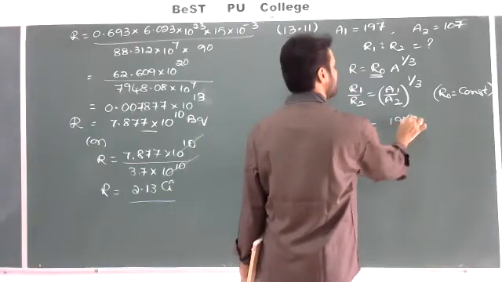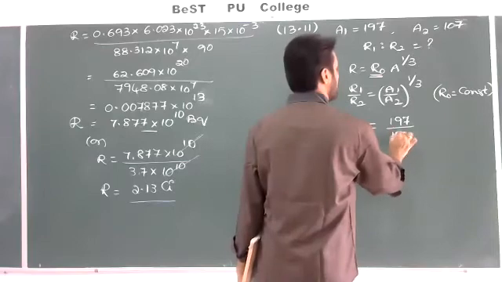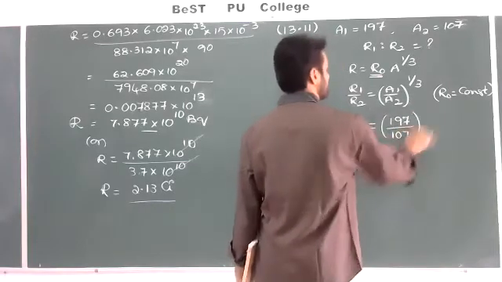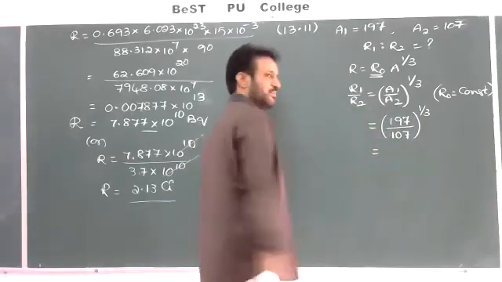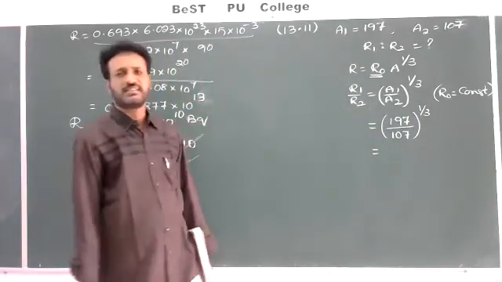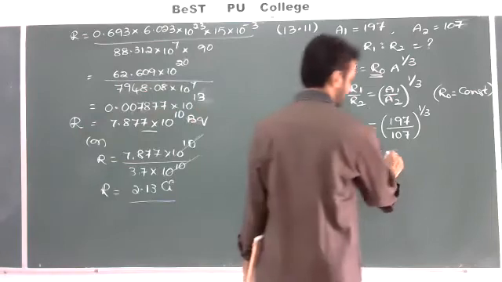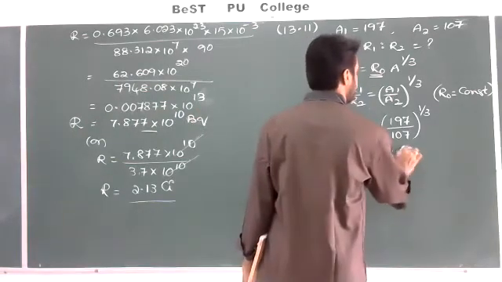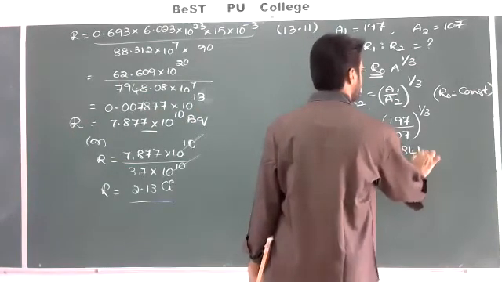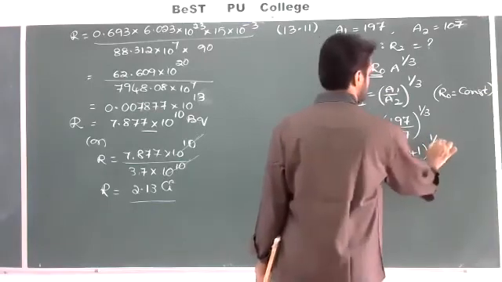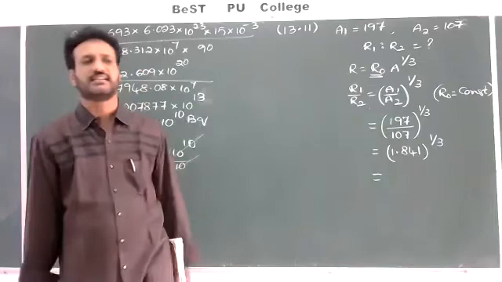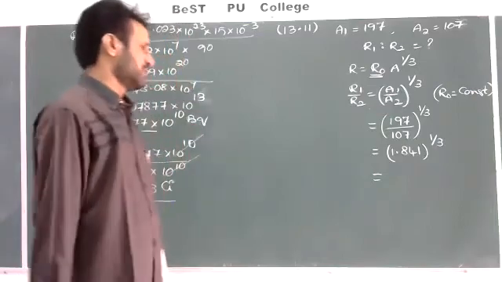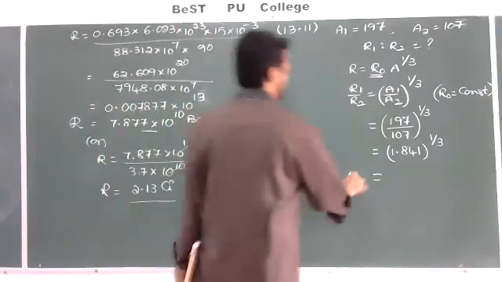A1 is 197, A2 is 107, whole to the power of 1 by 3. 197 by 107 is 1.841, whole to the power of 1 by 3, means the cube root of 1.841 you should calculate.